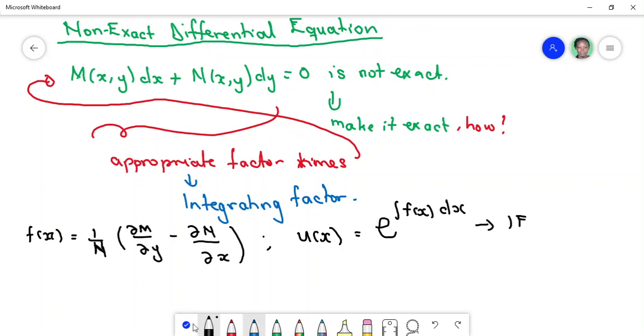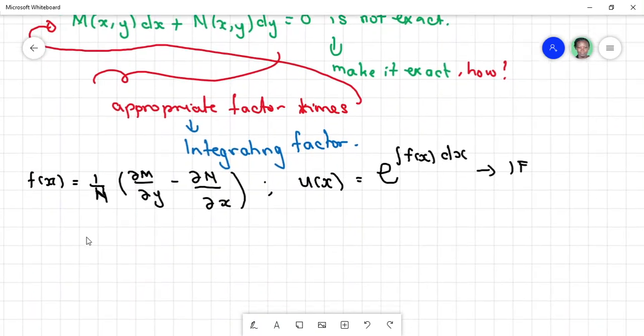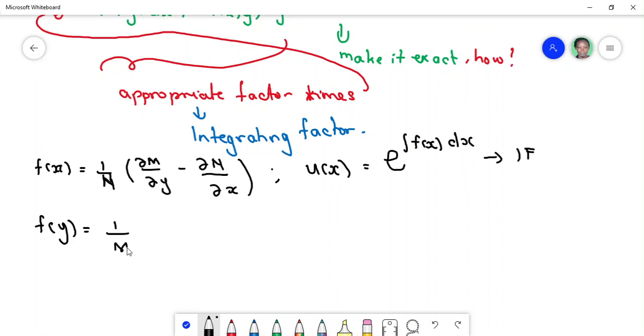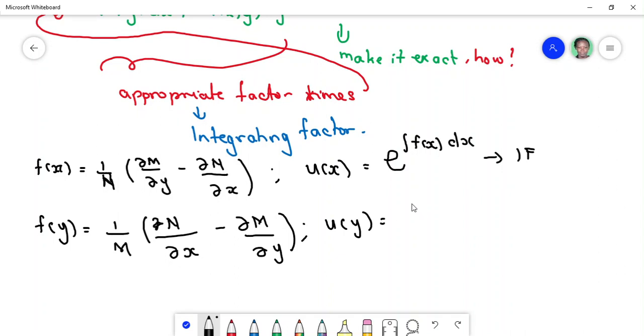This is what I'm calling the integrating factor, let's say IF. And if it's a function of y, I can write it as 1 over M, times the partial derivative of N with respect to x minus the partial derivative of M with respect to y, so that my integrating factor is going to be a function of y.